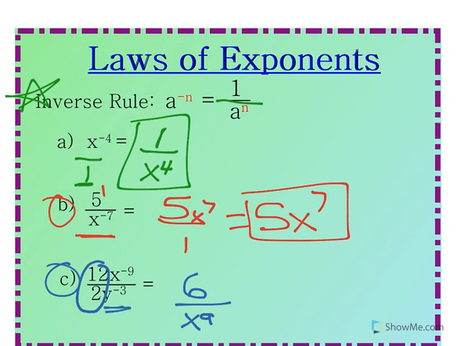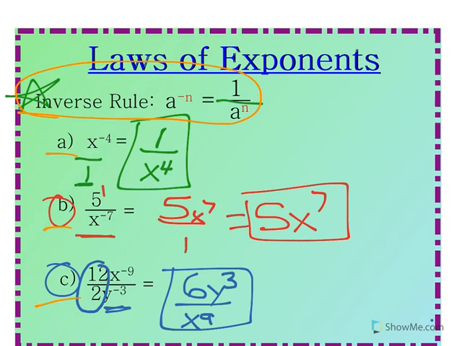The y to the negative third would move up to the numerator for its inverse. So now, by switching which part of the fraction it's in, by taking its inverse or reciprocal, the exponents are all positive, and we are done simplifying. Please make sure that you have written this rule, and you have these 3 examples down.